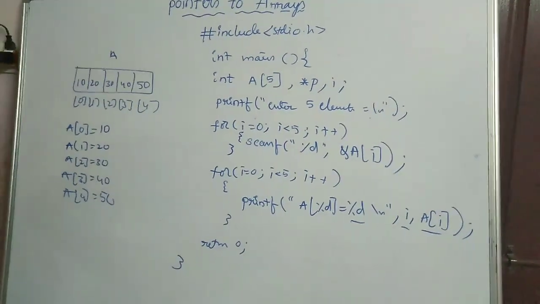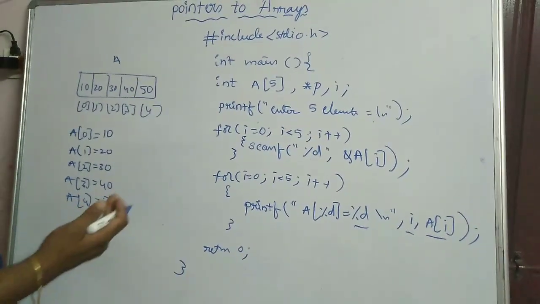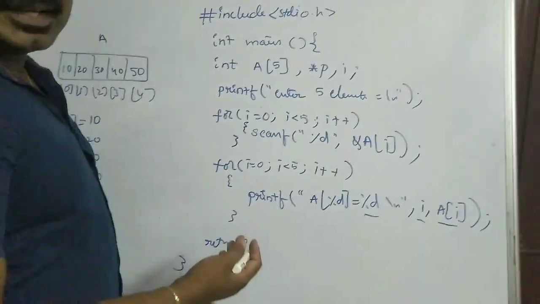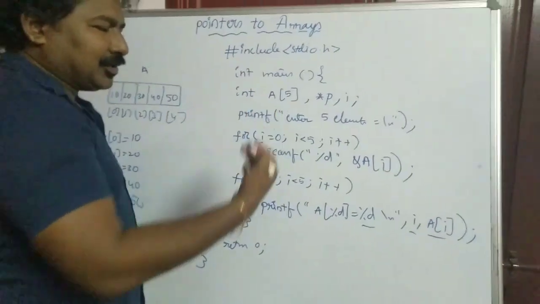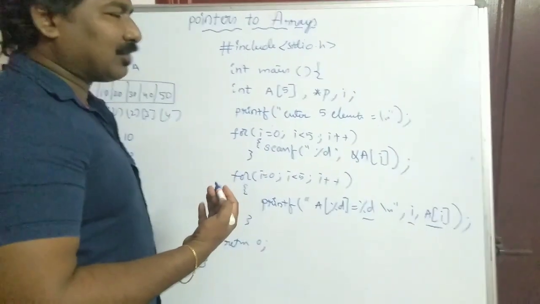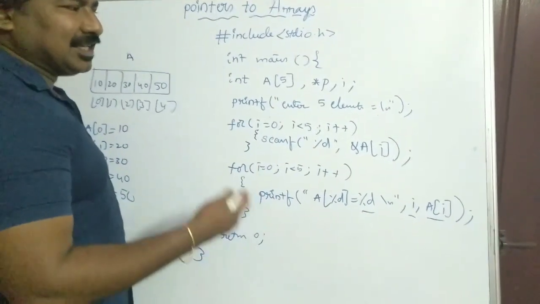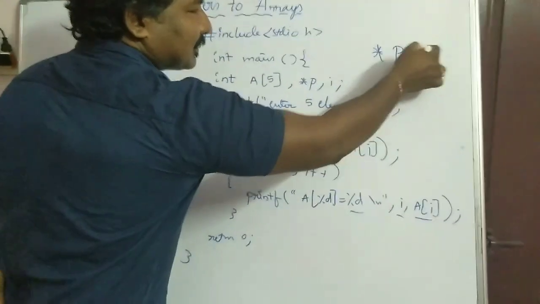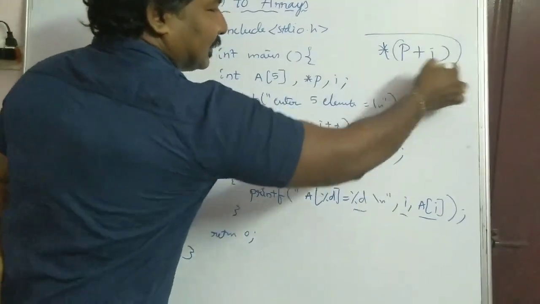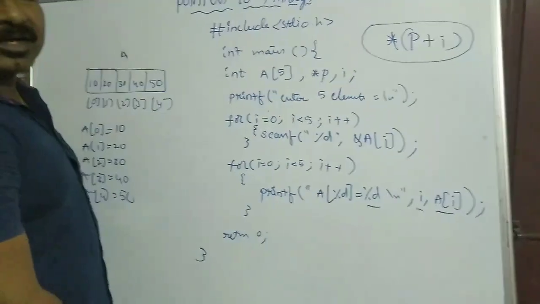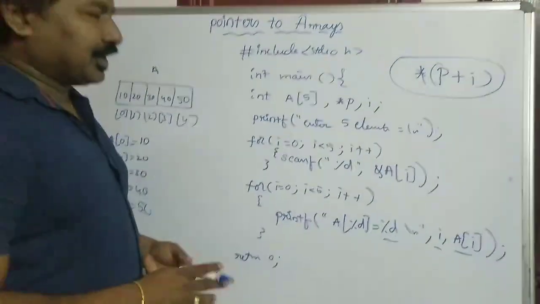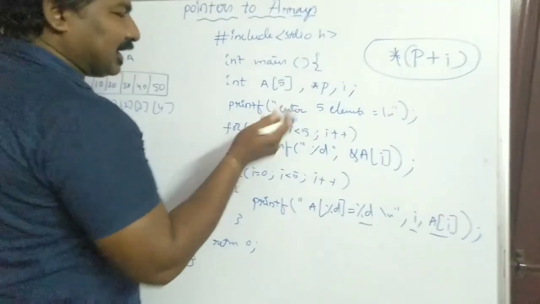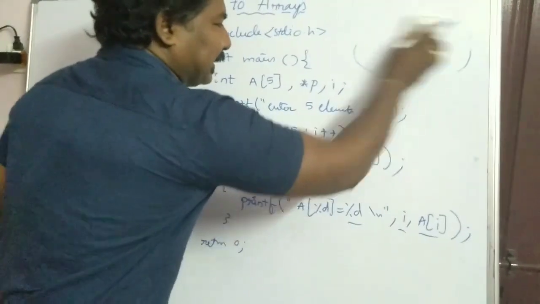Okay, so now I want to show how you can change this program by using a pointer. We have already seen that I have deduced a kind of mathematical formula for how to access each element of the array by using pointers. That is star of p plus i. So what we have to do now is take a pointer p, and assign the address of A to p.